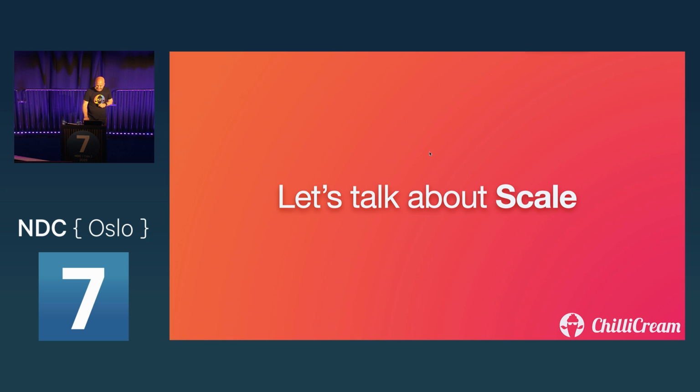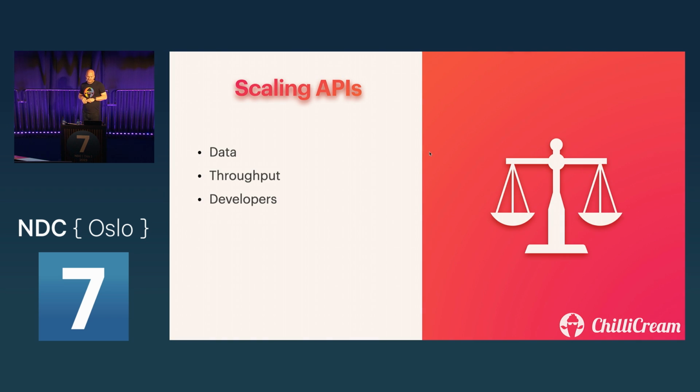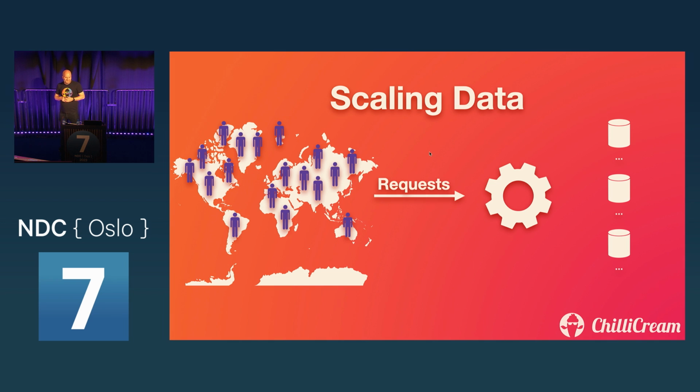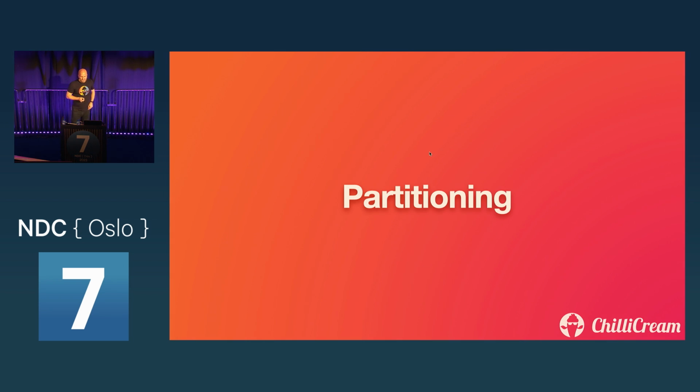Let's talk about scale. So when we talk about scale, it's really 3 things that we should think about. It's scaling data, scaling throughput, so pressure, and scaling developers. So when we talk about scaling data, we often talk about regional data. We call that partitioning or sharding.